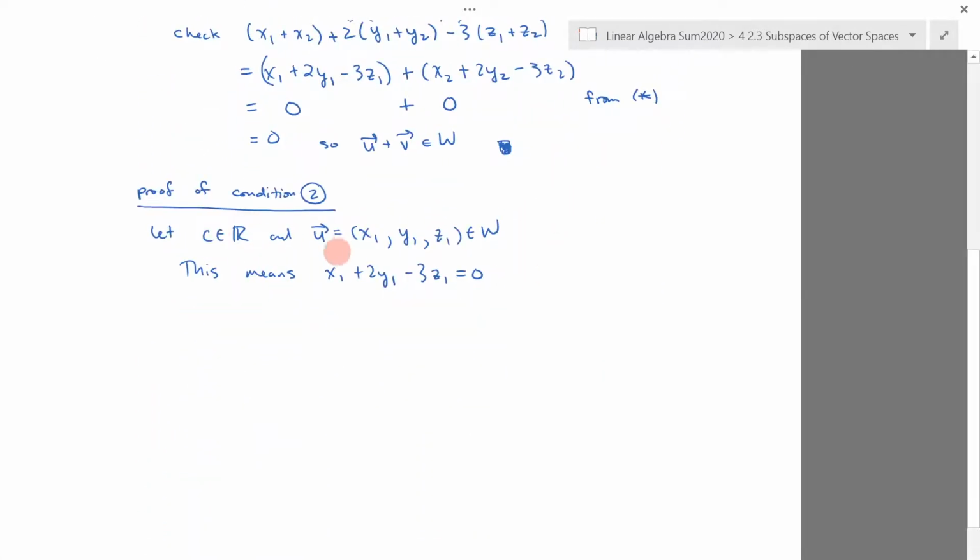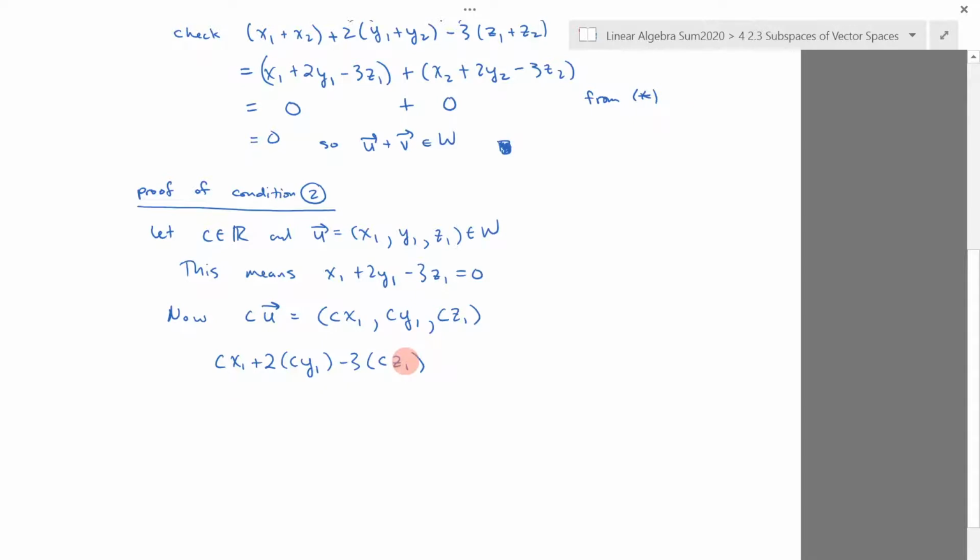And now we check scalar multiplication. So c times u is just multiplying all the components. And now we check the equation, right? So what is cx1 plus 2c y1 minus 3c z1?